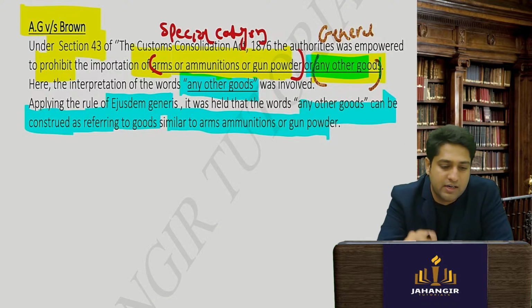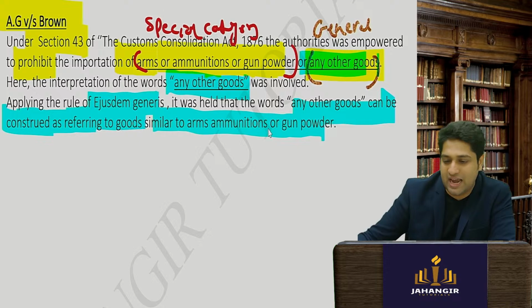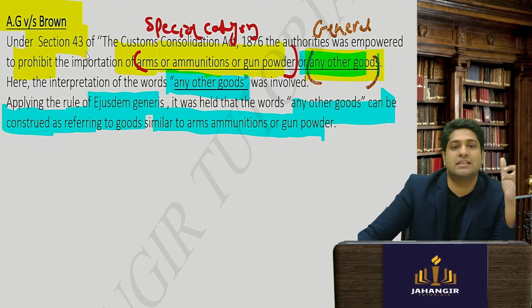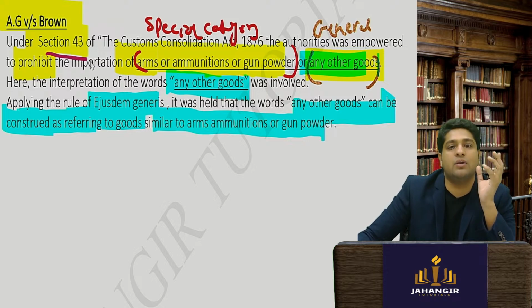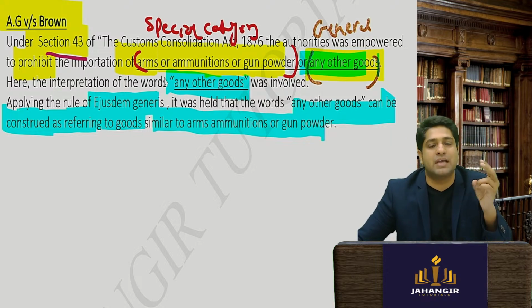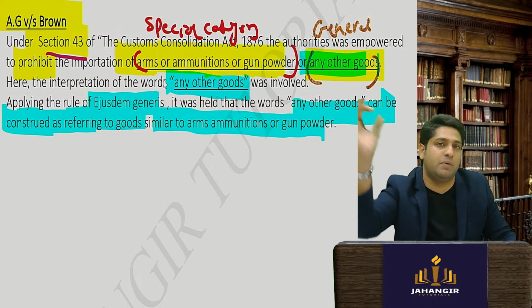Sir, so difficult. So let me explain. In the Customs Act it was written that no person, like as we go in the plane, they will write that no arms, ammunition, gunpowder or any other goods can be taken on plane.